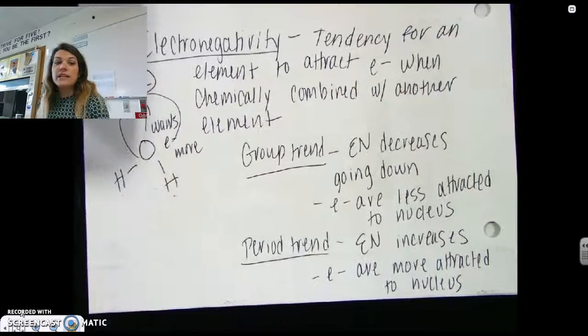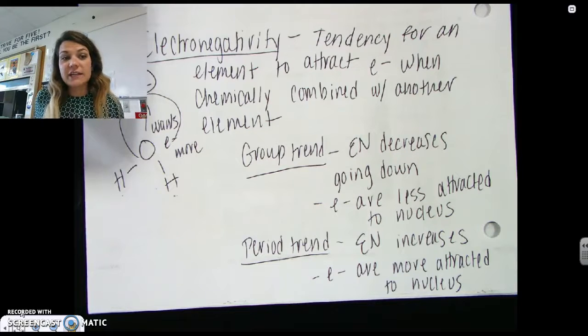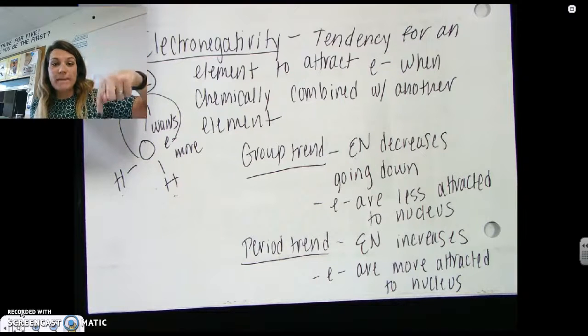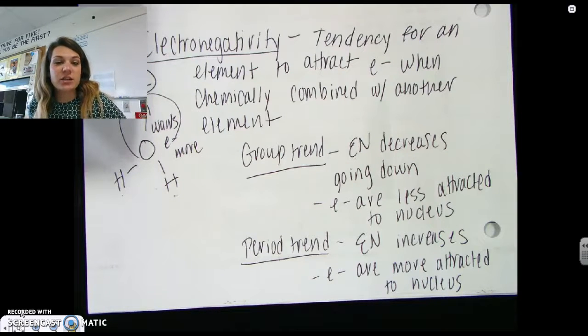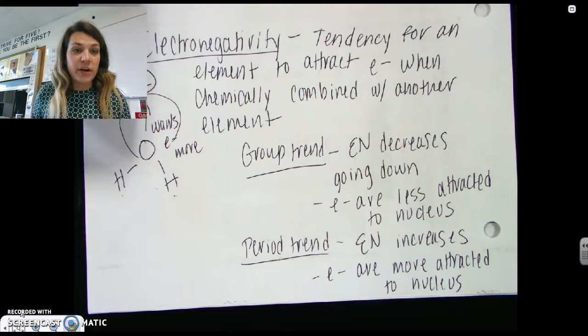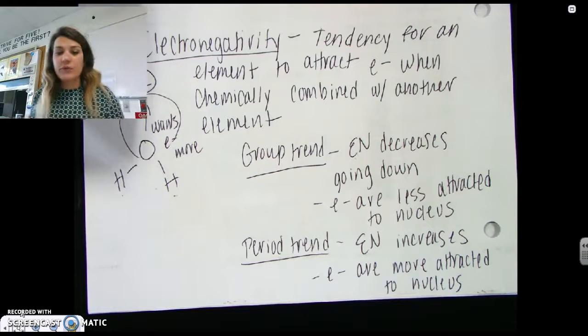So our trend here is going to be the same exact trend that we have for ionization energy, and for the same exact reason, okay? Electronegativity is going to decrease going down because electrons are less attracted to the nucleus. Why? Because they're really far away from the nucleus since we are dealing with really big atoms, okay?